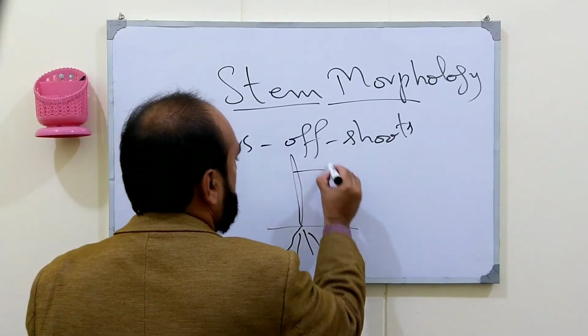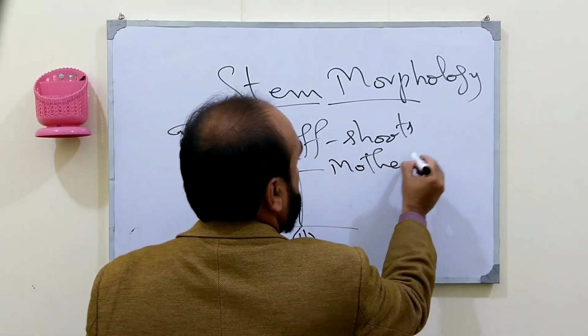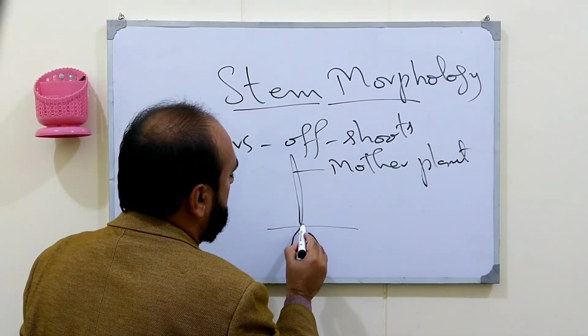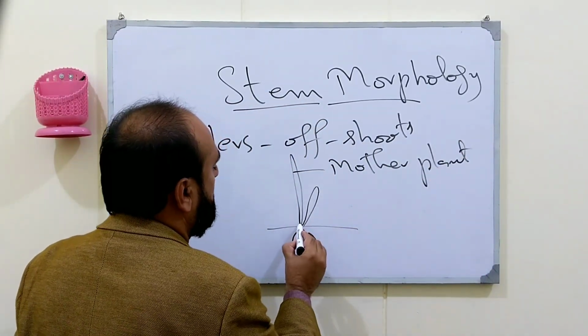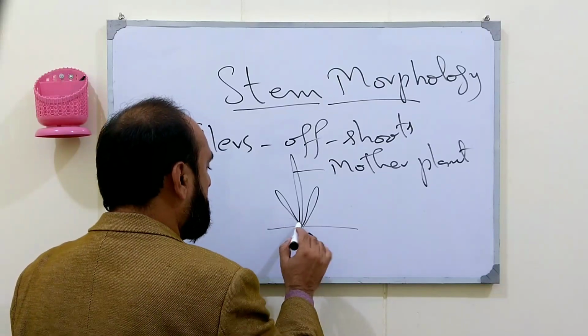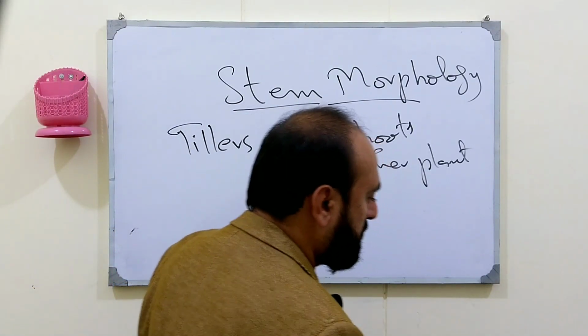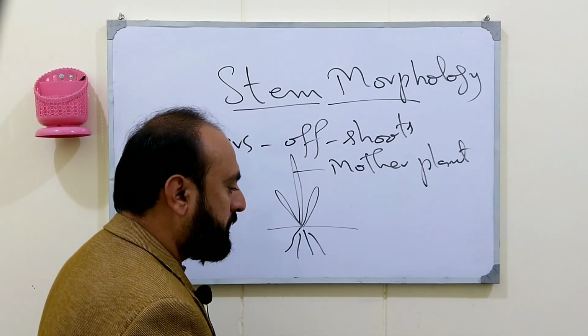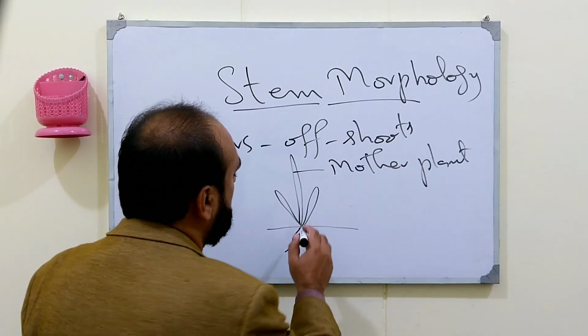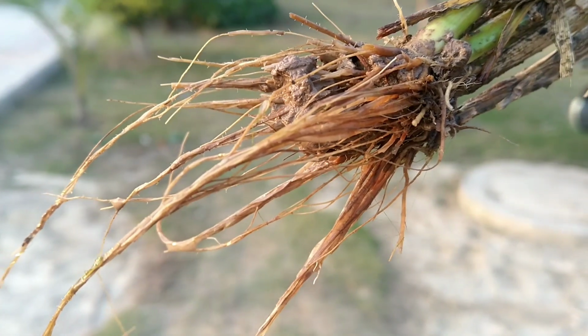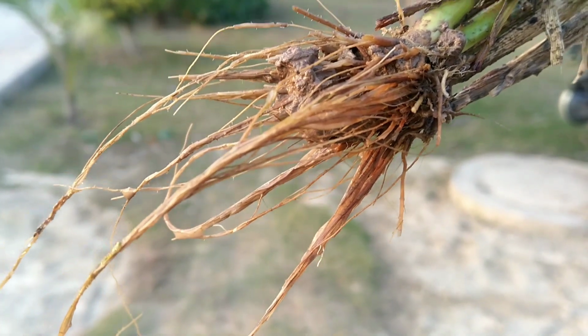So this is the mother plant which grows from seed, and at a certain point in time, that is called the tillering stage, usually it starts about 30 to 45 days after sowing in wheat, a plant starts producing certain offshoots which are called tillers.